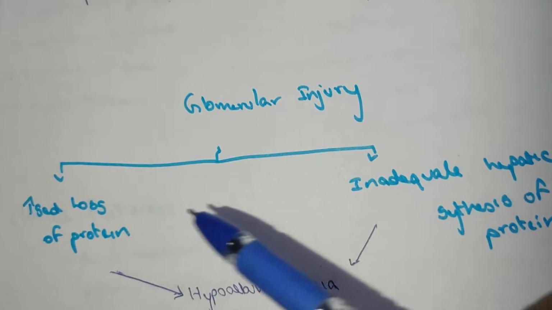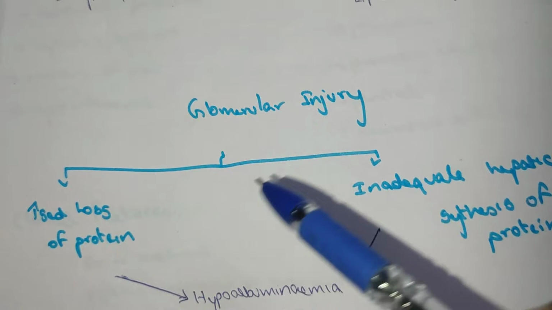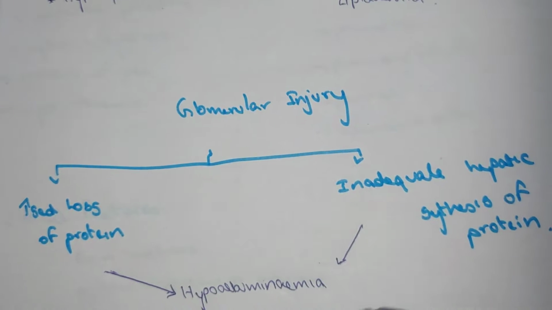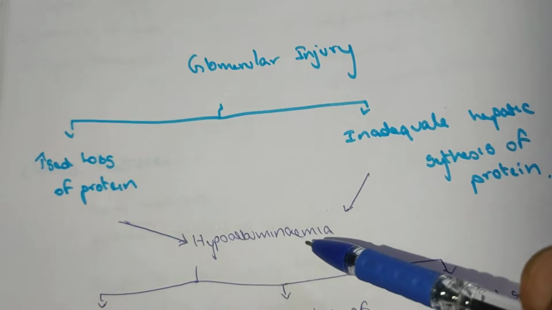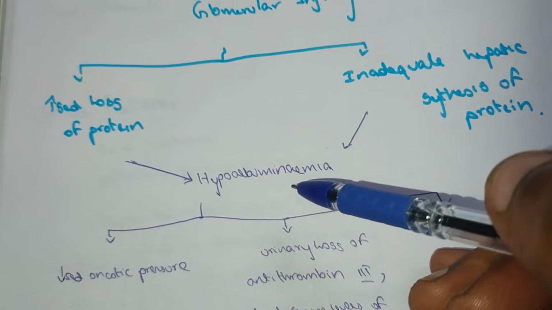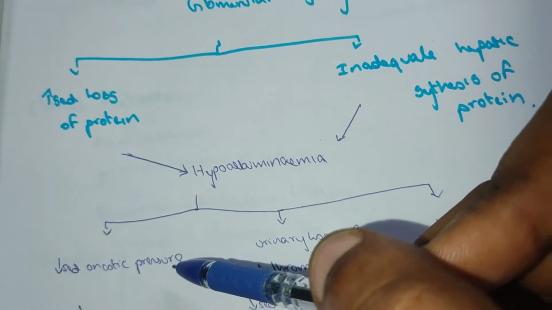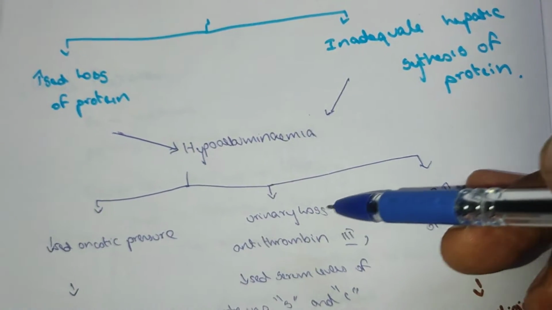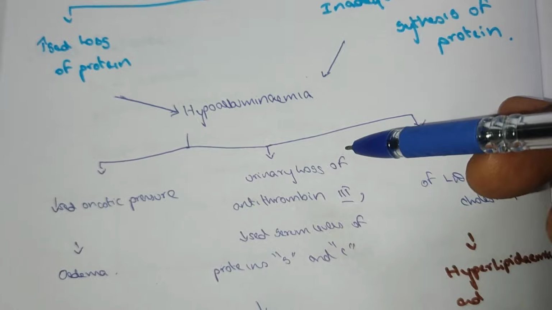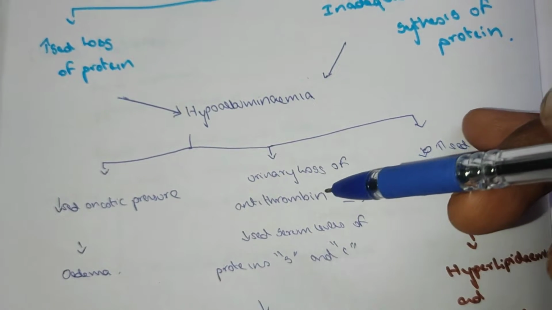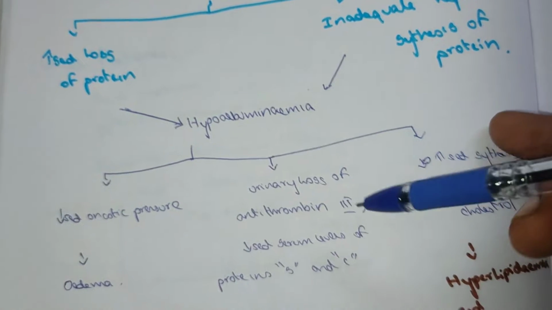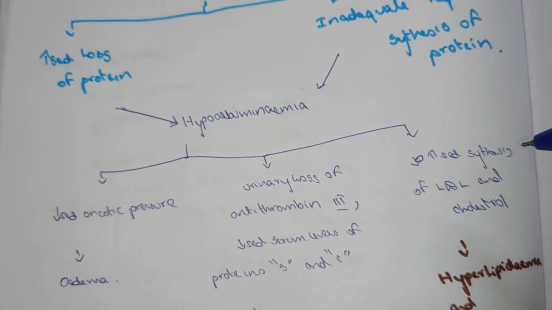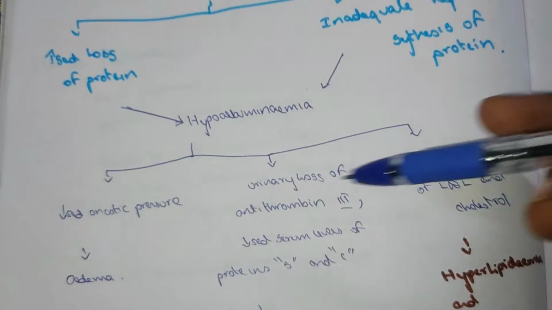How does this happen? When there is glomerular injury, there is increased loss of protein as well as inadequate hepatic synthesis of protein. These two cause hypoalbuminemia. With hypoalbuminemia there is decreased oncotic pressure, urinary loss of antithrombin 3, and decreased serum level of protein S as well as C. There is also increased synthesis of LDL and cholesterol.